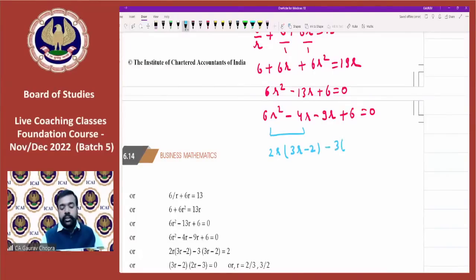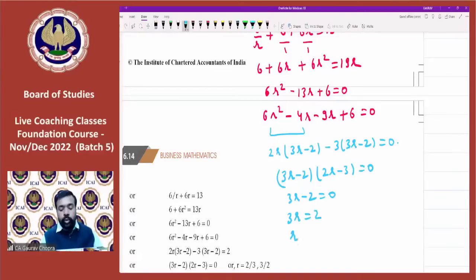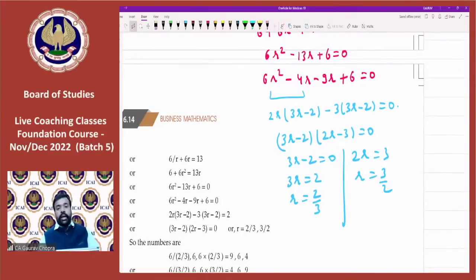And again, minus 3 can be taken as common. So we are getting 3R minus 2 and 2R minus 3. These are equal to 0. So what will be the answer? It will be 3R is equal to 2, so R will be 2 by 3, or it can be 3 by 2. So there are two common ratios. One is 3 by 2 and second one is 2 by 3.